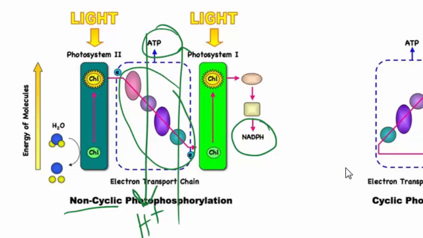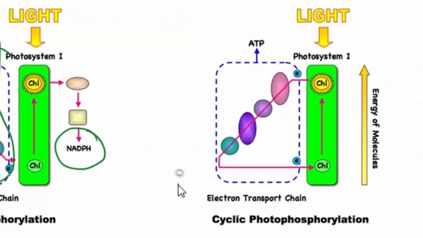When you have enough NADPH in the cell, you don't need to make more. The way that the cell prevents making more NADPH than it needs, while producing more ATP, is that it uses only photosystem I, and this is called cyclic photophosphorylation.